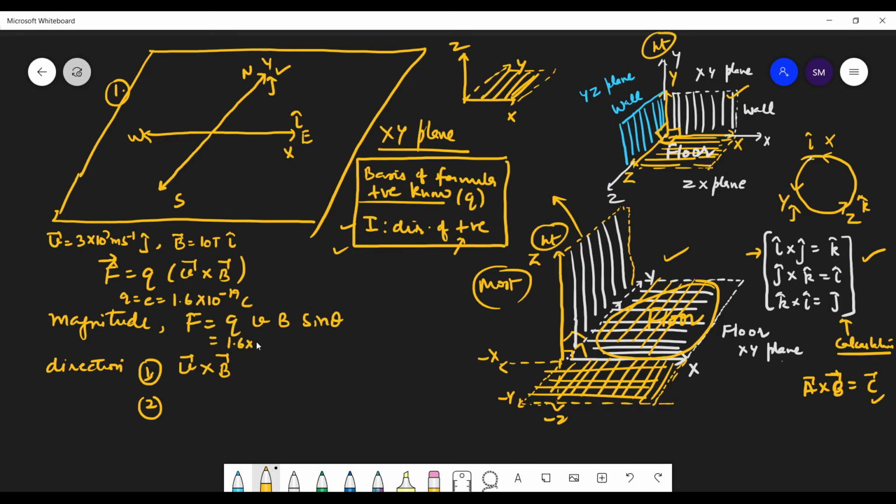So 1.6 into 10 to the power minus 19, into velocity 3 into 10 raised to the power 7, into B which is 10, and what is theta here, students? Of course, theta is the angle between j and i, that is 90 degrees. There's no doubt about it. So sine 90. So you calculate it out. How much do you get? 4.8 into 10 raised to minus 11.